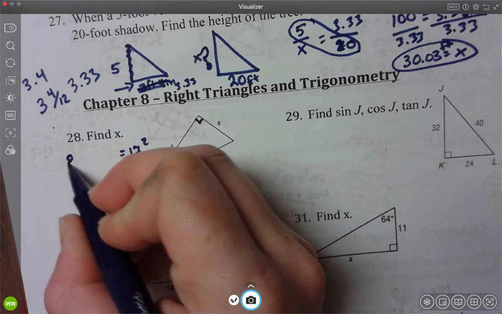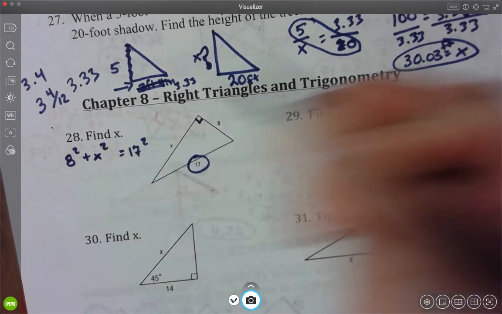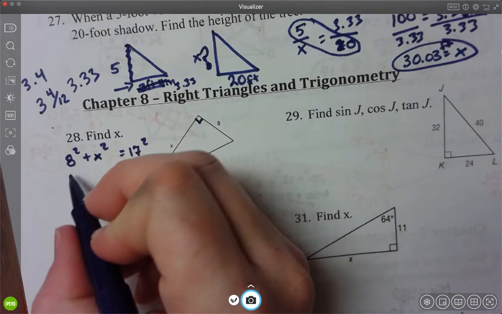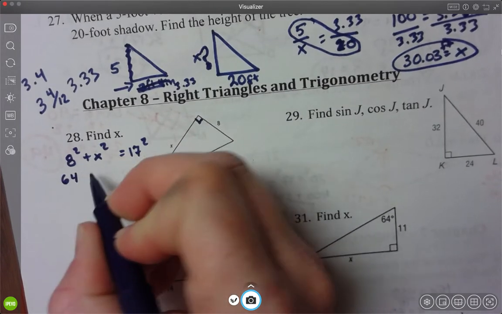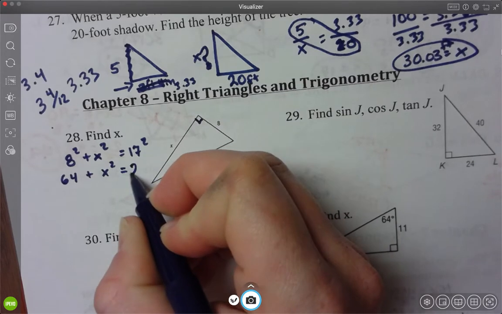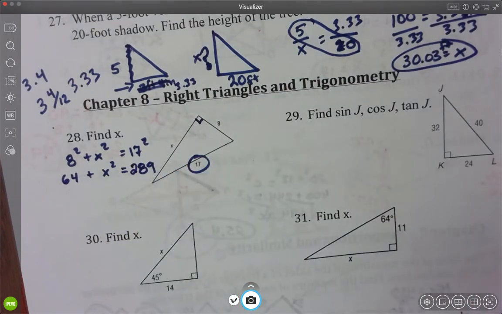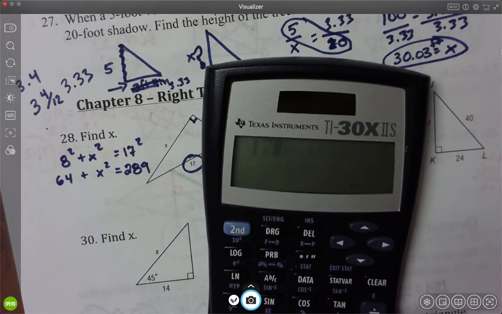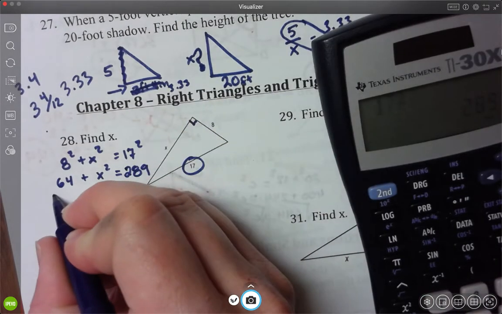We'll go 8 squared plus x squared equals 17 squared. Okay. Do as much as you can in your head. 64 plus x squared equals, I think that's 289 is what 17 squared is. Let me check. 17 squared, 289. Okay. And then I'm going to subtract 64 from that.